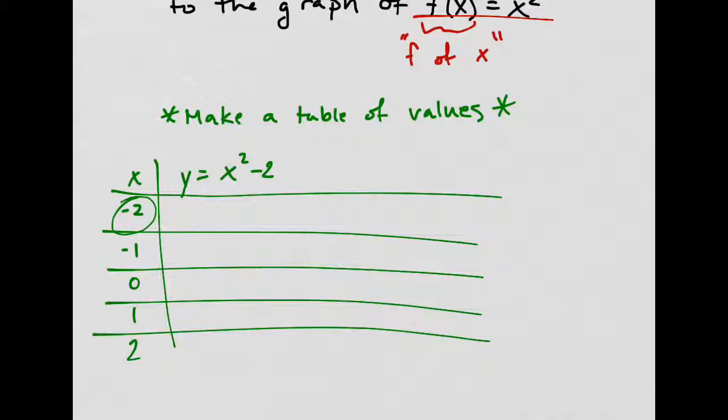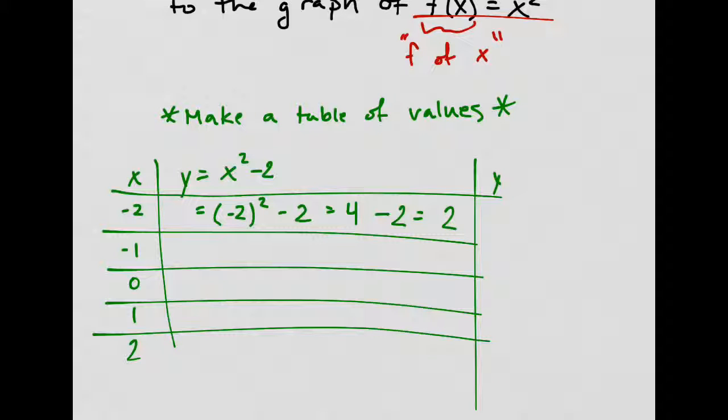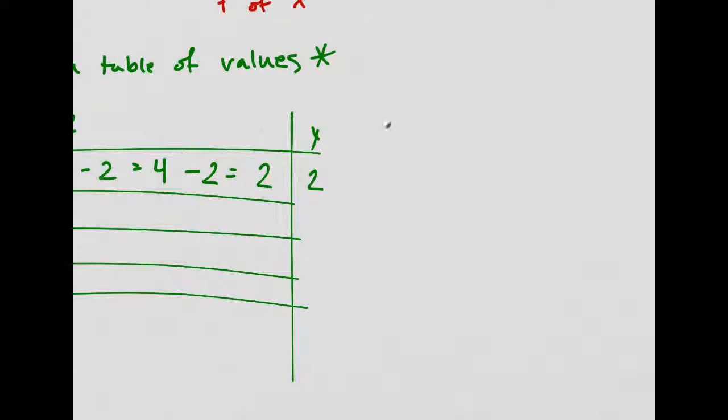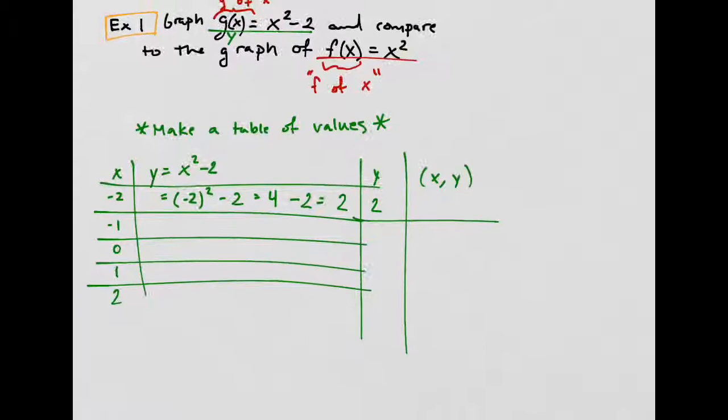If I plug in negative 2, I get negative 2 squared minus 2. I have to do this first. Negative 2 times negative 2 is positive 4, and then minus 2 equals 2. So my y value is 2, and my x comma y is negative 2 comma 2.